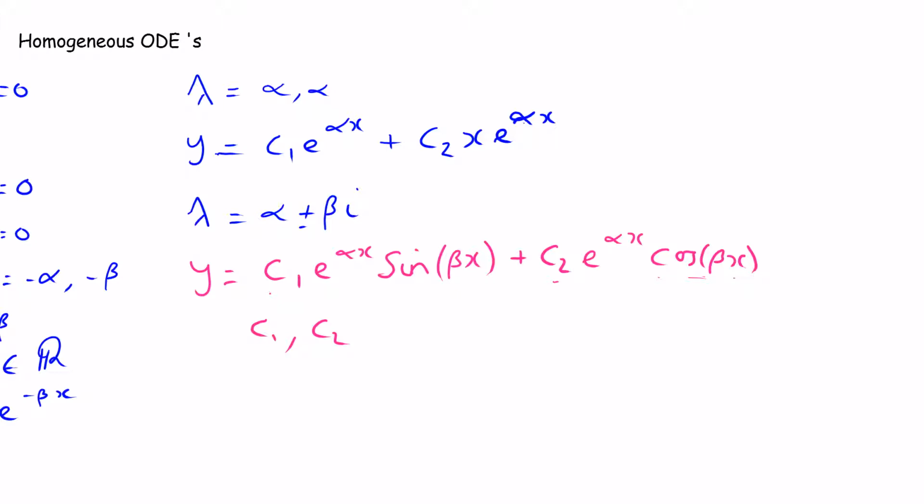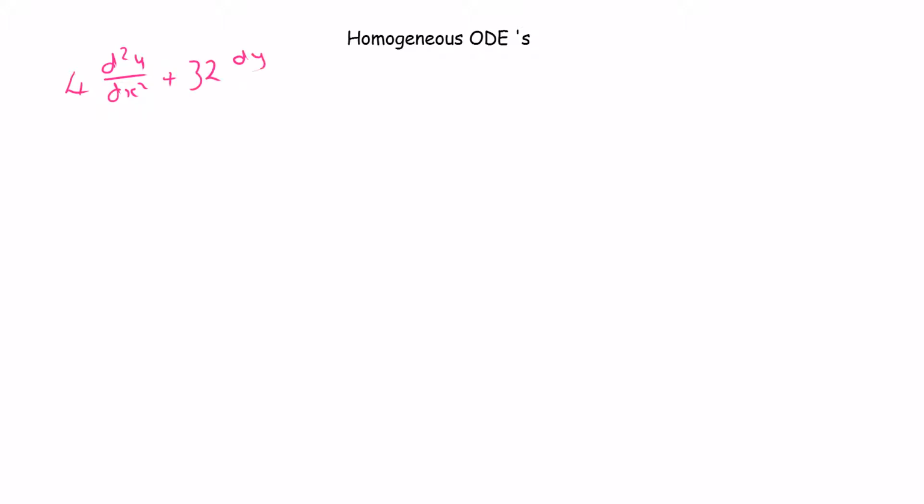So now we are going to go on to a quick example. Our example is going to be 4 d2y by dx squared plus 32 dy by dx plus 28y is equal to 0.